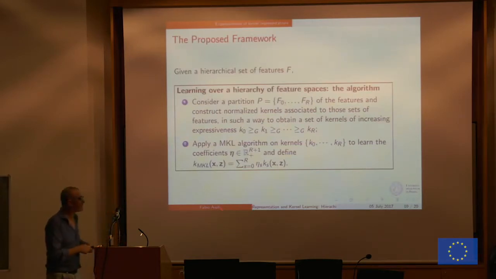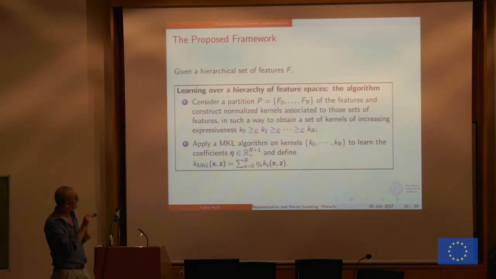And after that, the big picture of the proposed algorithm is the following. We construct a hierarchy of kernels of decreasing generality, of increasing specificity and expressiveness, and with this, we apply a multiple kernel learning algorithm on these R+1 kernels.